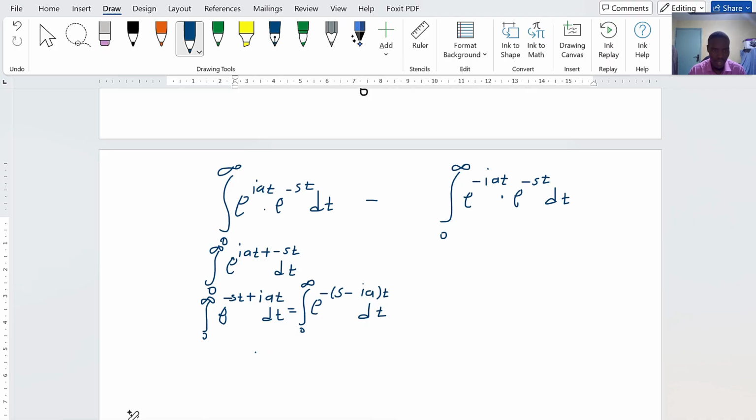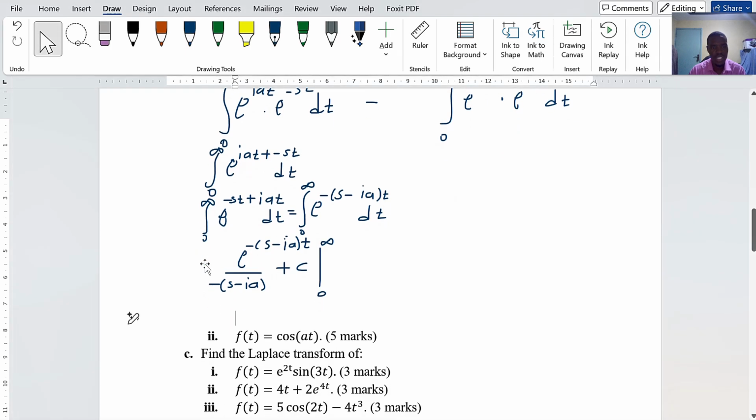Now integrating this, we know it will be e^(-(s minus ia)t) divided by the coefficient of t, which is the whole thing outside, negative (s minus ia), plus c, evaluated from 0 to infinity.